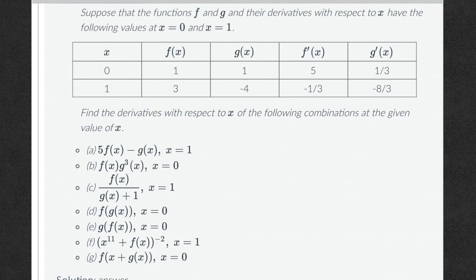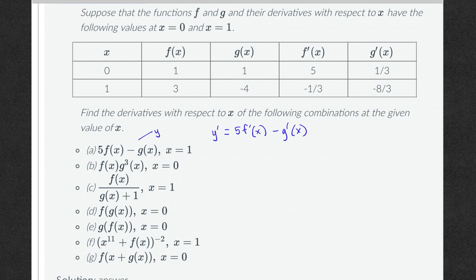Before we plug in the number, we always need to differentiate first. If this is the y expression, then y prime equals 5 times f prime of x minus g prime of x.